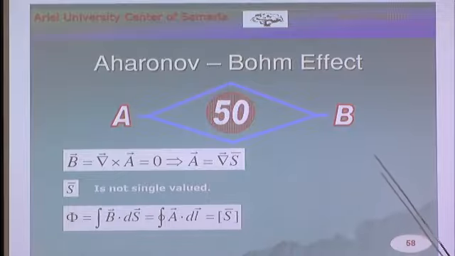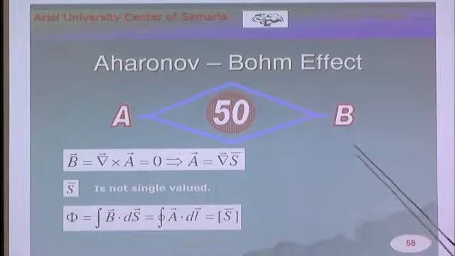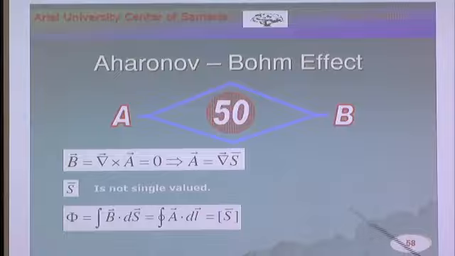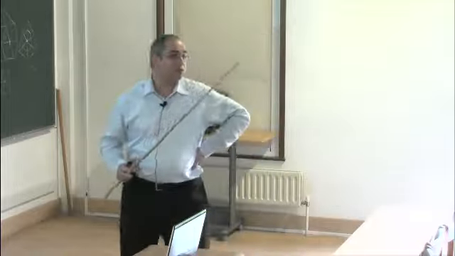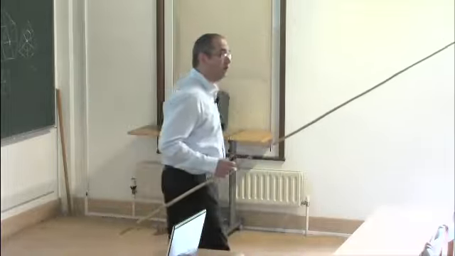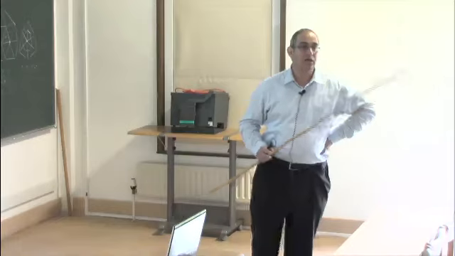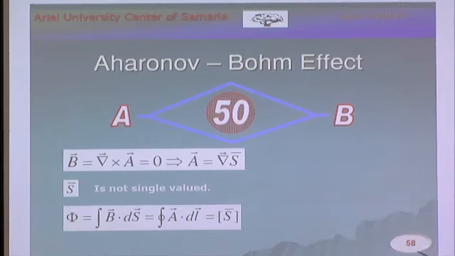Now, the electrons cannot go into the region where there is a magnetic flux. They can go above or below, but when they reach the point B, you have some interference pattern, and this is a very unique quantum effect, or is it?